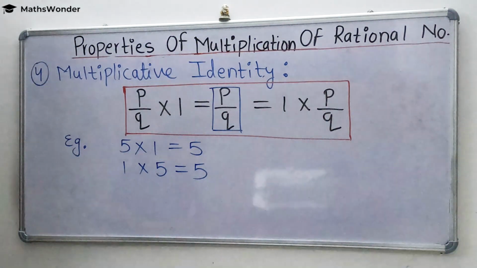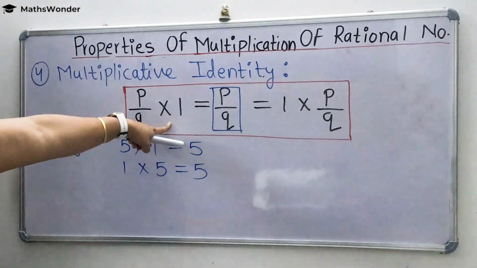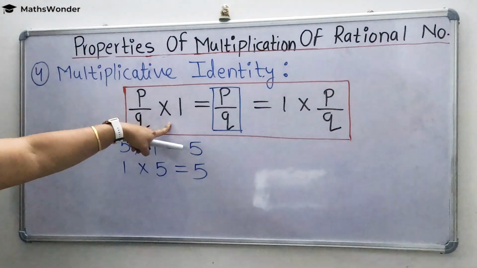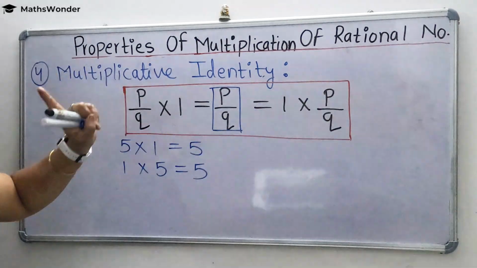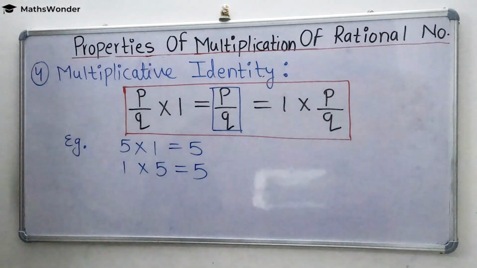So 1 is called the identity element of multiplication for any number, natural numbers, integers, but in this topic we are talking about rational numbers. So here 1 is called the identity element of multiplication for rational numbers. Always remember this.